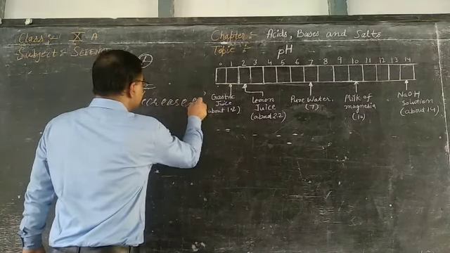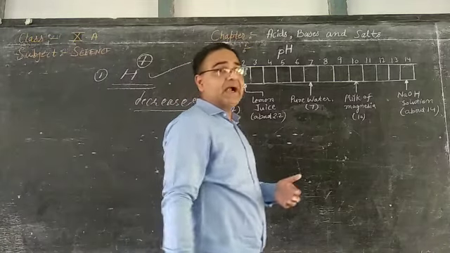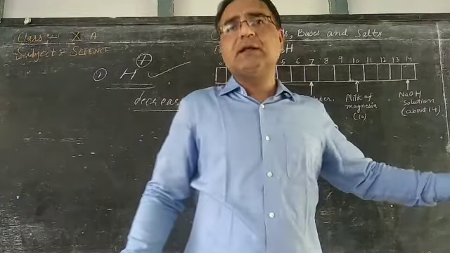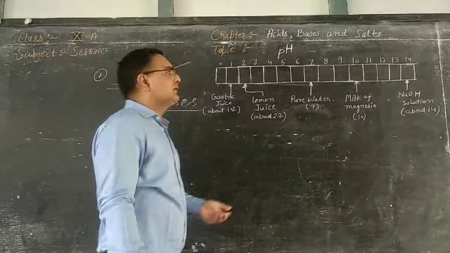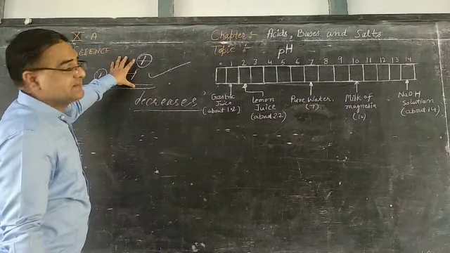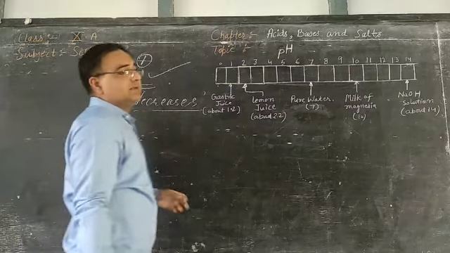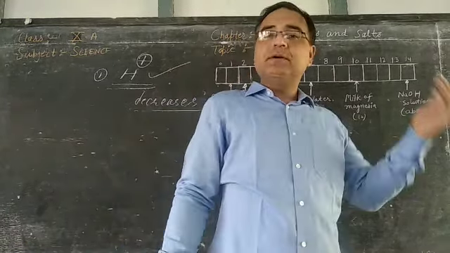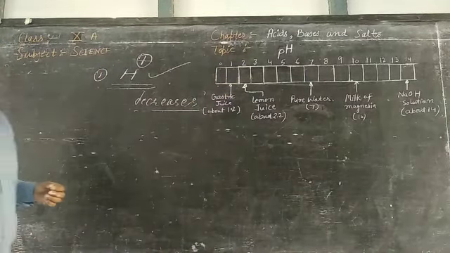Dilution means addition of water. When we add water into the solution, the concentration of H+ ions always decreases. Why? Because the number of H+ ions per unit volume decreases on dilution. So this is another important question which is asked many times in the board exam.